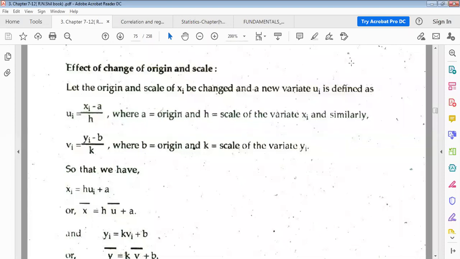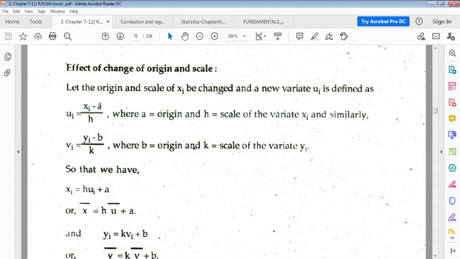Okay, now the effect of change of origin and scale. We will verify whether it changes with the origin or scale. Let the origin and scale of xi be changed and a new variate ui be defined like this: ui equals xi minus a divided by h.